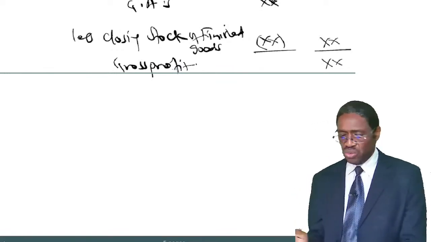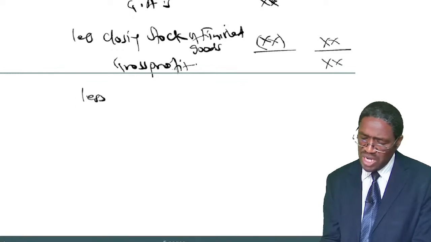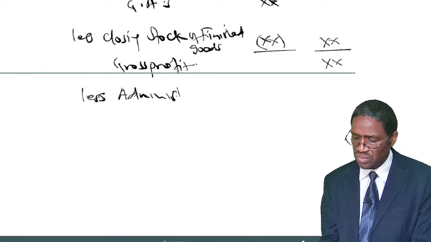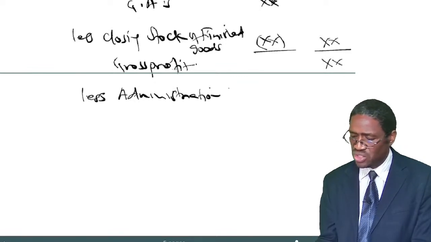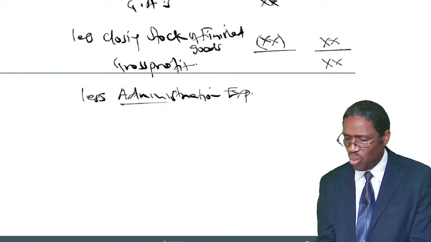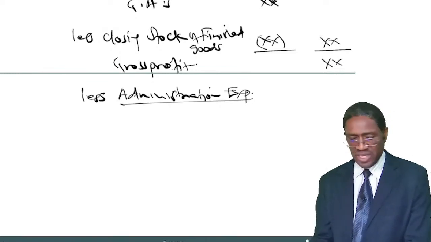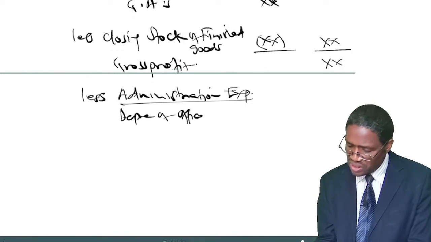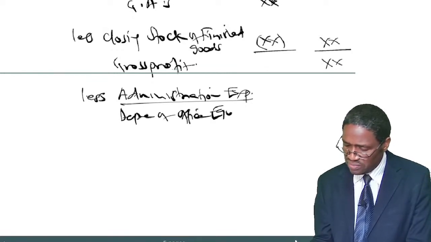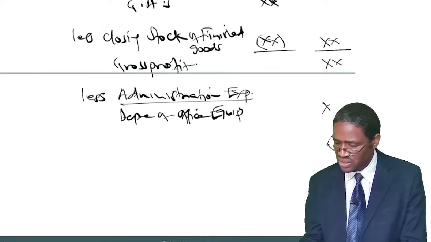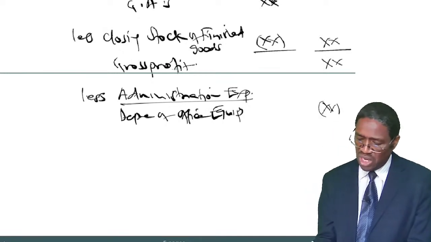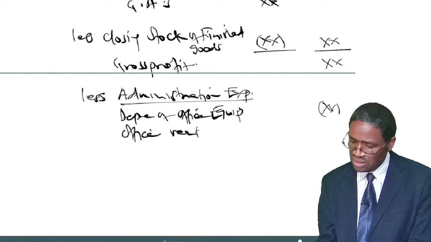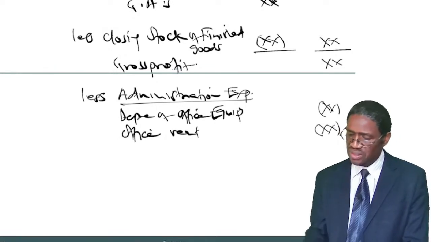So once you get the GP, you now come and first subtract all your administration expenses, whatever they are. We gave examples like what? Depreciation of office equipment, whatever it is, we are subtracting. Office rent, whatever it is, you minus.